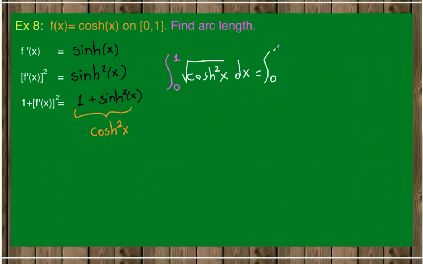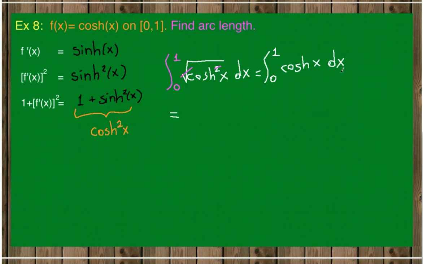Integral from 0 to 1, cosh squared of x goes out of the radical sign as cosh. Square cancels the radical sign. So cosh of x dx.